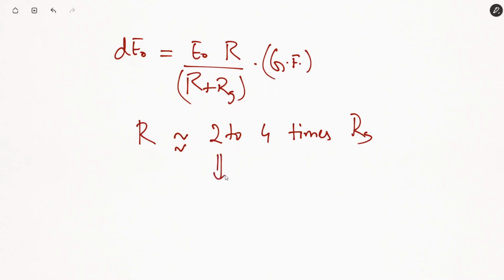And why is that so? To keep the current in the ballast circuit constant. So this is the ballast circuitry that can be used for measurement of resistance of a strain gauge.